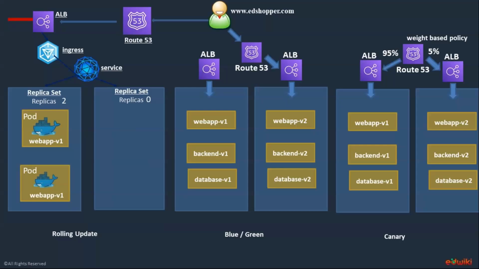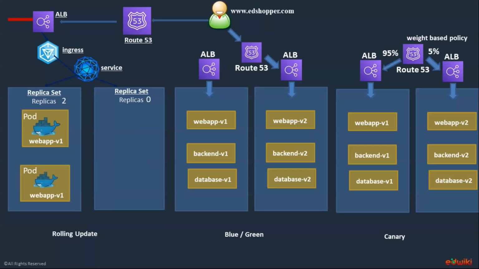Once you get confident that the 5% of the people are accessing my website without any issues, the V2 version looks good, then you slowly increase the percentage. The V1 version you make it 80, V2 version you make it 20. After a day, once you get confident, V1 version you make it 50, V2 version 50.